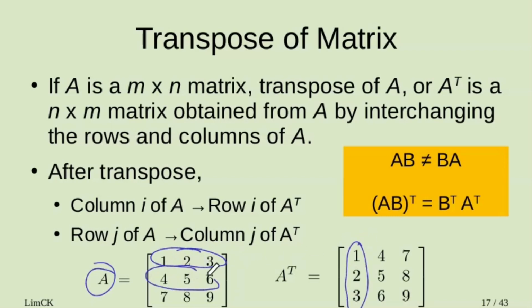Second row, 4, 5, 6, you change to the second column, 4, 5, 6. The third row becomes the third column. Then this one is the transpose of A, A transpose. We always write a capital T as a superscript of the matrix to indicate this is a transpose.